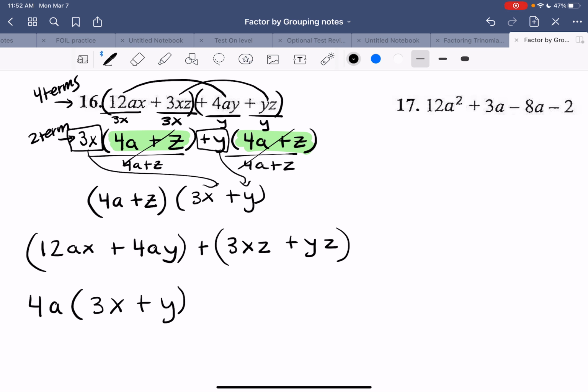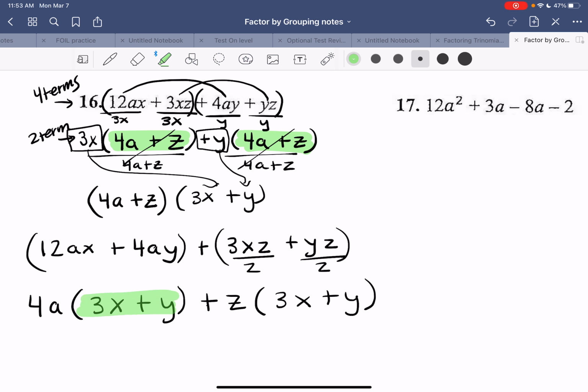And then over here, when I take out my common factor, I get a z. And what's left when I divide this by z and that by z, I get a 3x plus y. So again, this worked as well, because in my two-term problem, my GCF is highlighted in green.